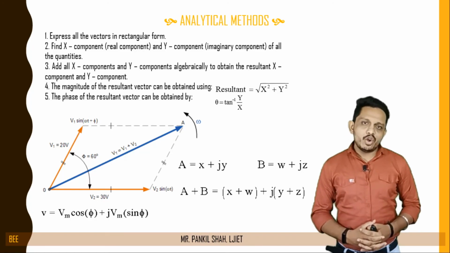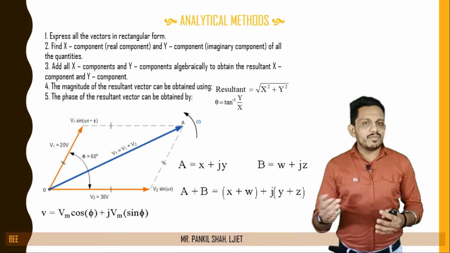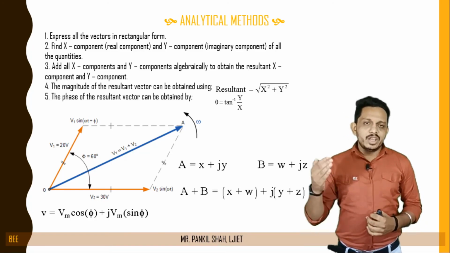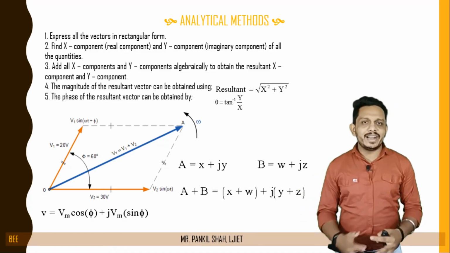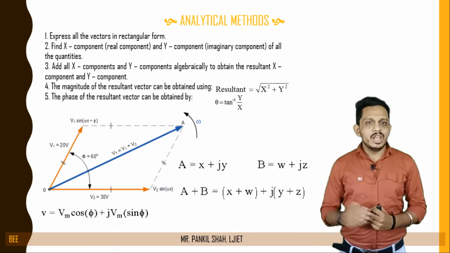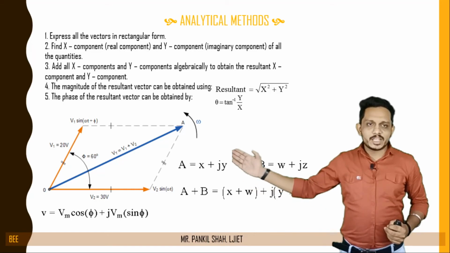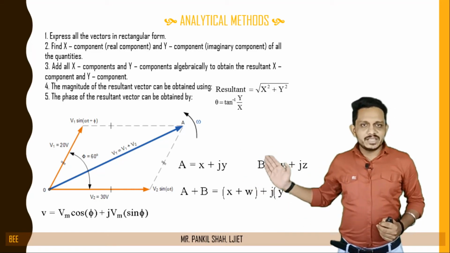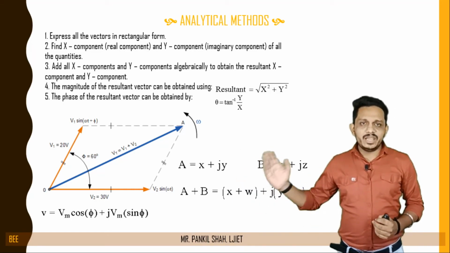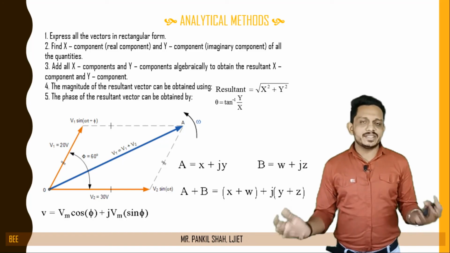If you want to add your quantities in rectangular form, first you have to convert your alternating quantity into rectangular form like this. You can see that A equals x plus jy, and B equals w plus jz.